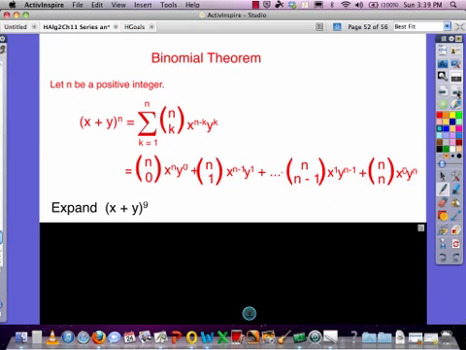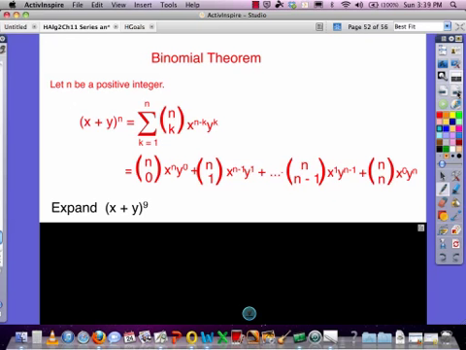N is the top number, k is that lower one, and we have to do this summation of each of these terms powered with an x and a y. But notice it says n minus k, k. If you just look and put some numbers in, it makes it so much easier for your brain, and you can see what's going on rather than having to memorize all those variable combinations.